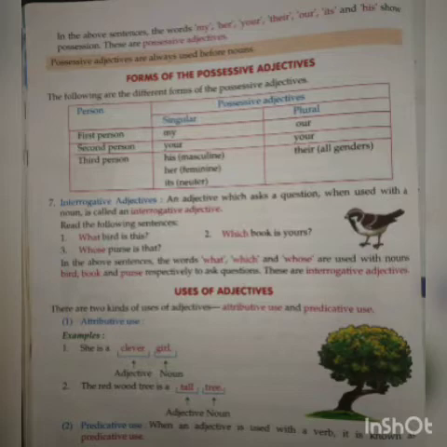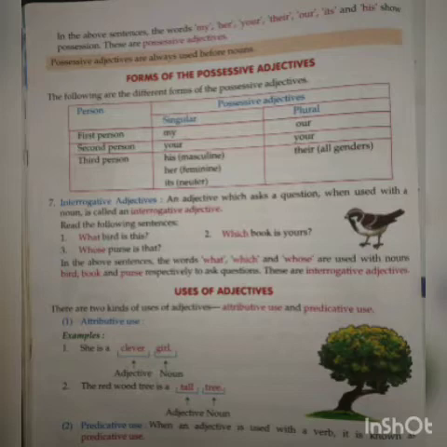I'm giving you a few examples. They are my friends. Here the noun is friends and you have to make a question with whose. Whose friend? My friend. We are getting our answer, right?